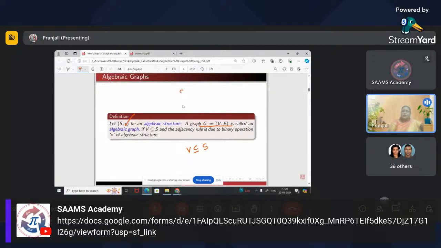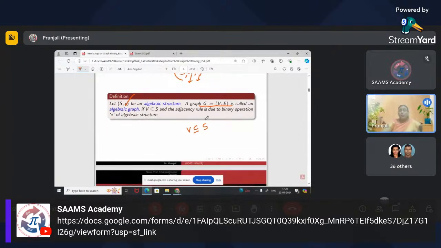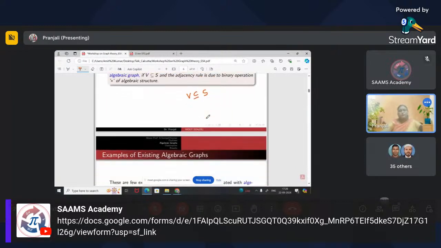An algebraic structure can have more than one binary operation, so any one of them can play a role in defining the adjacency rule of an algebraic graph. In fact, there are several algebraic graphs in the literature.